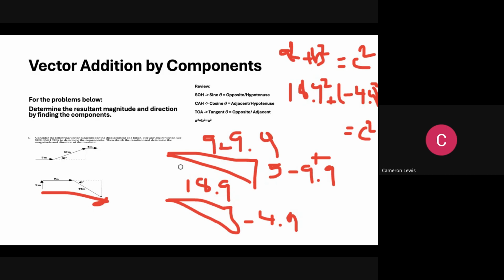When you add them together, you get about 381.22. Then you're gonna take the square root of that. Please do not stress too much about this math. So you get about 19.5.